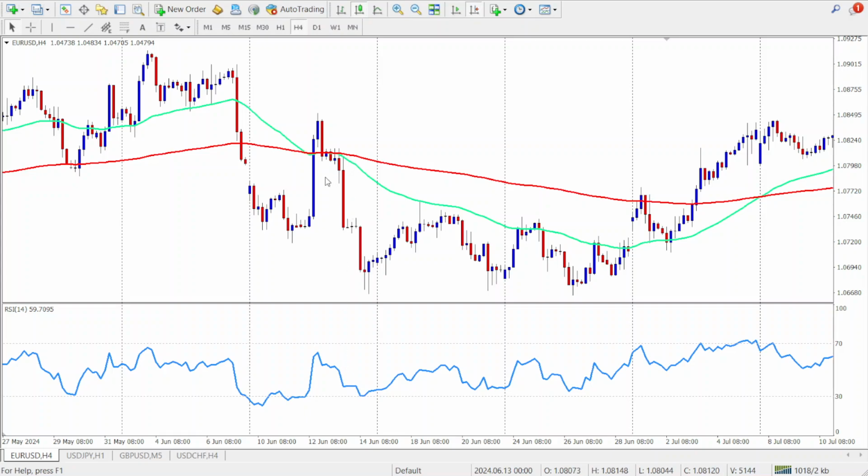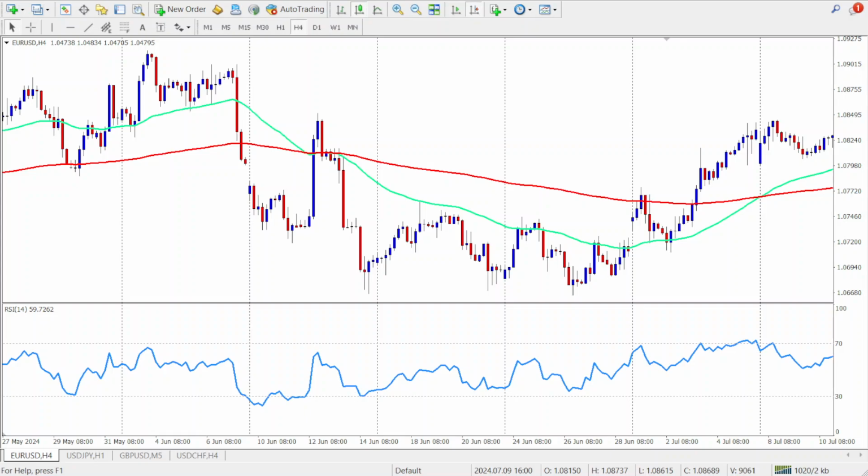Then you enter the trade once both the crossover and RSI conditions are confirmed. This helps you avoid entering a trending market that could reverse too soon, okay. So by using these filters, you are minimizing risk and maximizing the potential for better trade setups. Remember, the key is to stay disciplined and wait for confirmation from both indicators before entering a trade.